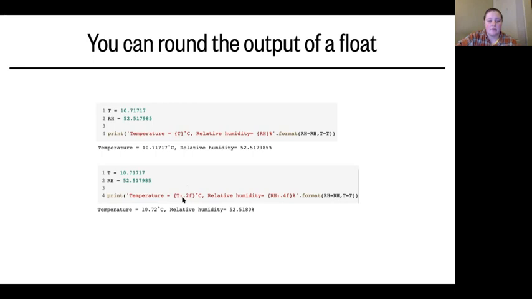And what that's going to say is we're going to round to 2 decimal places, and we're going to give it an F to tell it that's a float. Same thing with RH, we're going to round it to 4 decimal places, so 0.4, and this is also a float. You can see in our print statement, we have 10.72, so it's rounded to 72. This one is 52.5180, which is this one rounded to 4 decimal places.